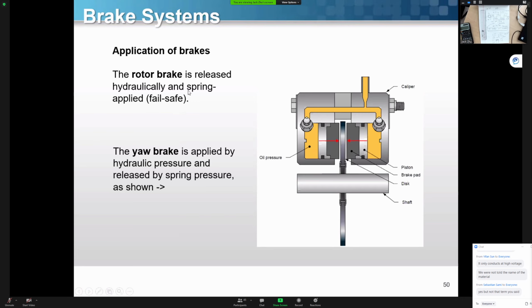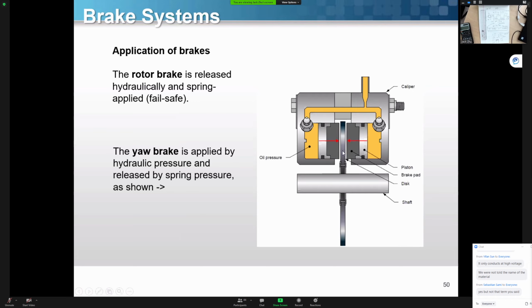This is for fail-safe reasons. If you lost power or lost the hydraulic pressure in the system, you still want the brake to apply, so you put in a spring that will apply the brake.